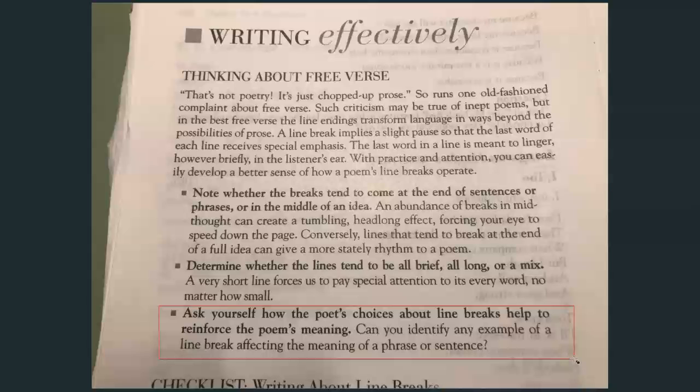This is worth doing. So ask yourself how the poet's choices about line breaks help reinforce the poem's meaning. And I think I'm going to use this analysis in my explication paper because it's worth it. I've got at least 3 and probably 5 different areas in here that I can include.